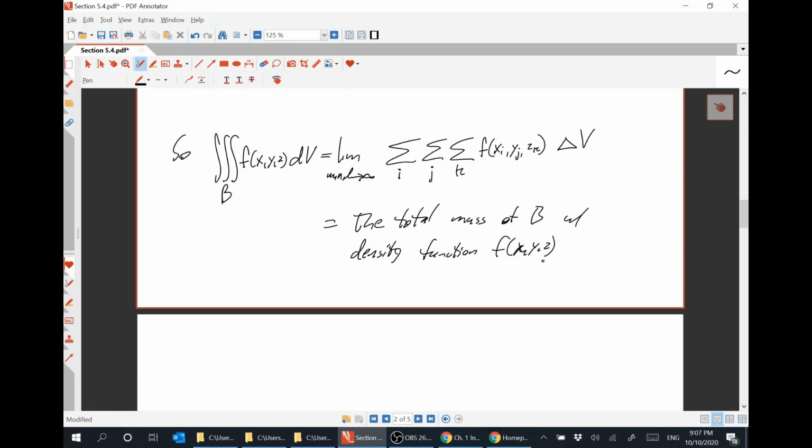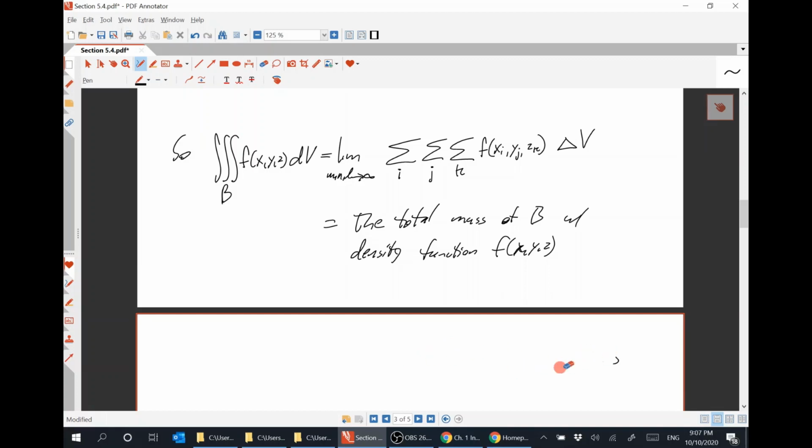Now you can do this in any dimension. In dimension 1, if you thought of a single variable function, you just have this kind of stick, from x equals a to x equals b, and then f(x) is the density of the stick at a certain point, in which case the integral over the whole stick is the total mass.